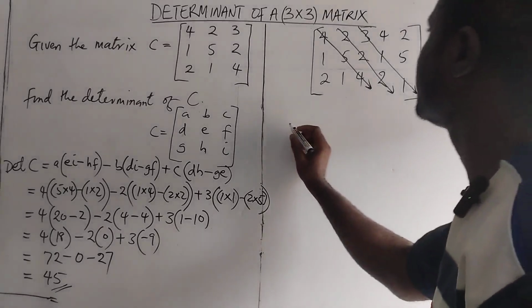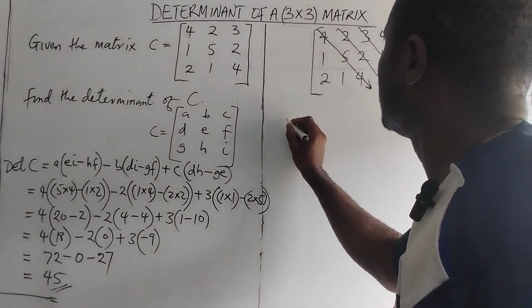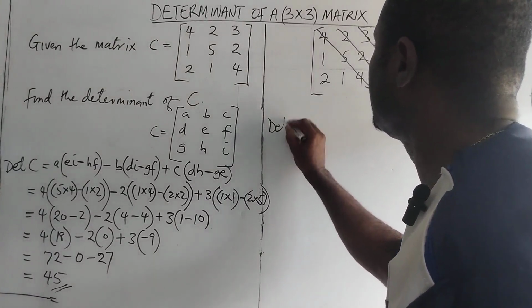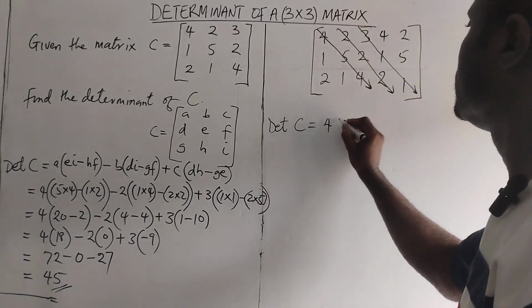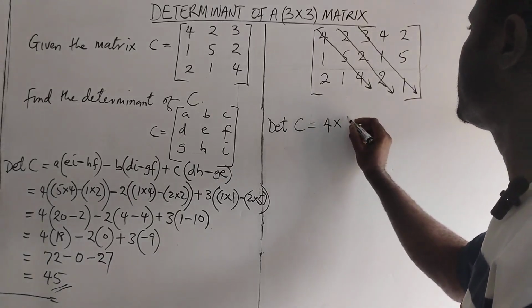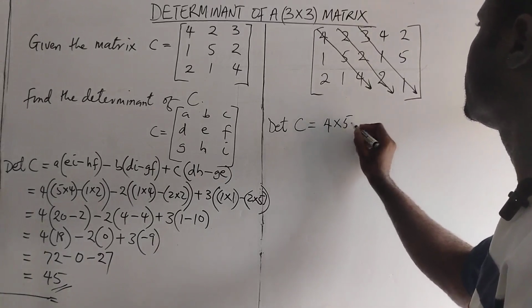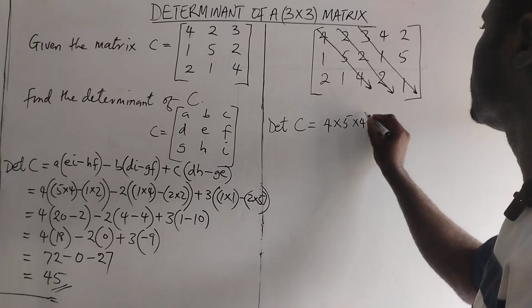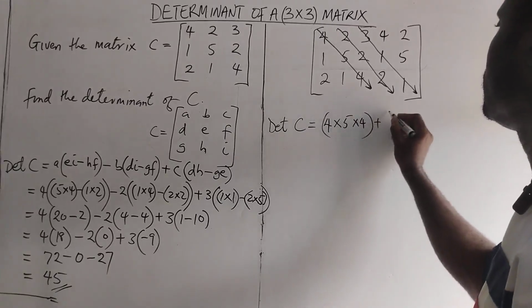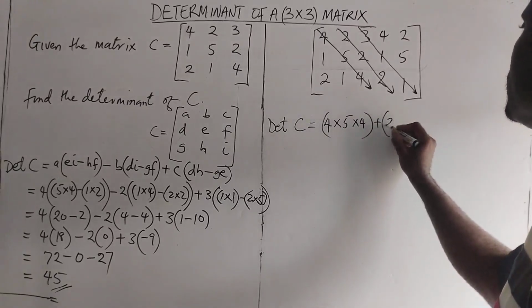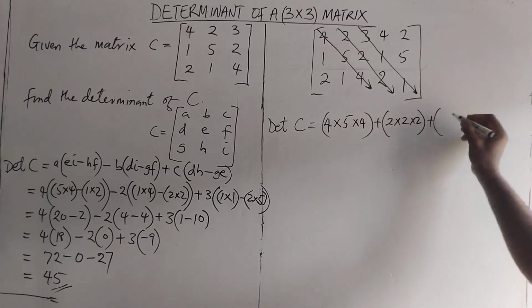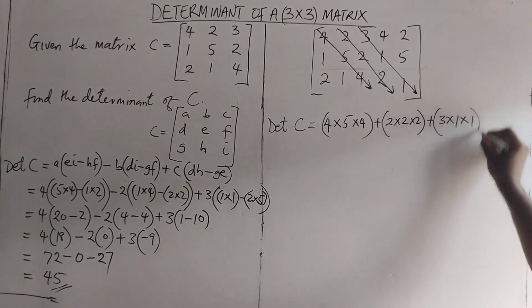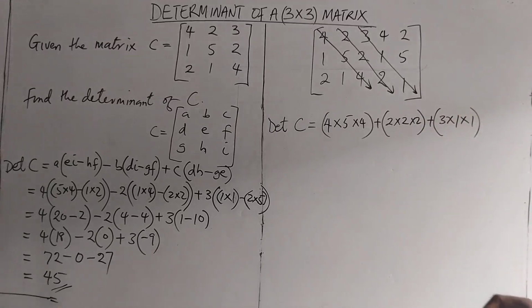And we'll have, so the determinant of C is equal to the product of the first leading diagonal plus the product of the second leading diagonal plus the product of the third leading diagonal.